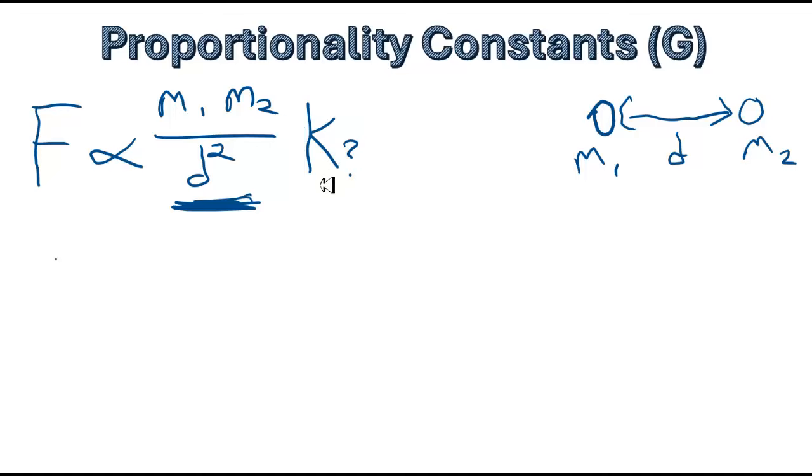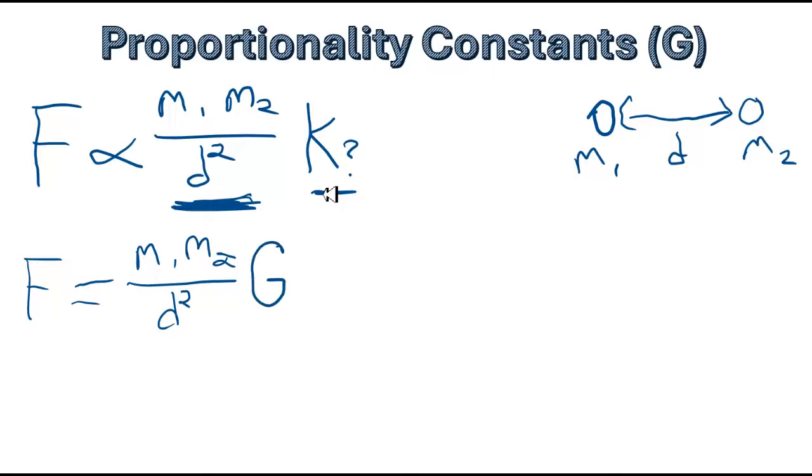Once this constant is calibrated to the current standard, we can write something a little more precise. We can write force is equal to m1 times m2 divided by the distance squared times the gravitational constant.